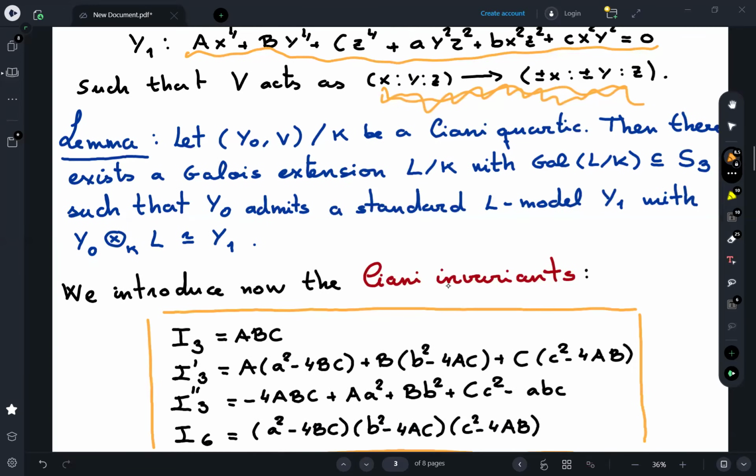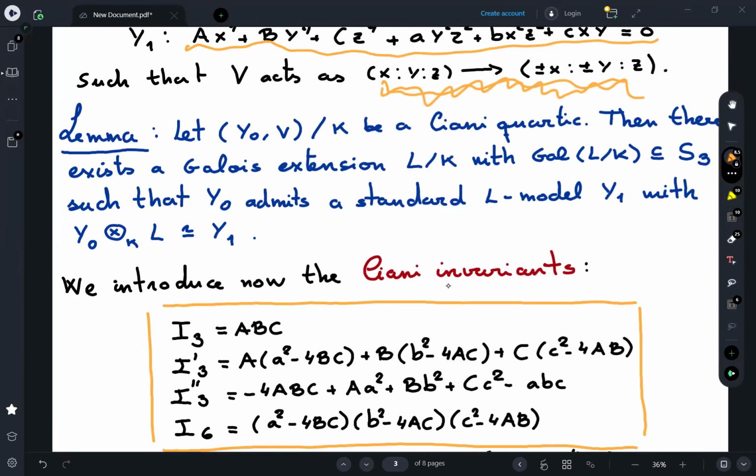And basically what you have is 2 Ciani quartics with the choice of Ciani subgroup. They are isomorphic if and only if they have the same invariants. But again, you have to look at them in a projective way. This is why even if it is dimension 3, you have here 4 invariants. They are algebraically independent.